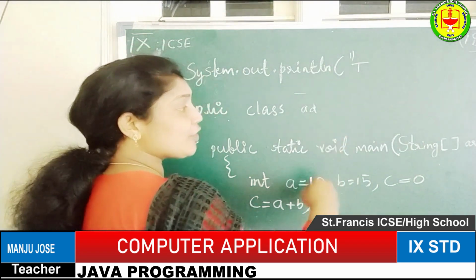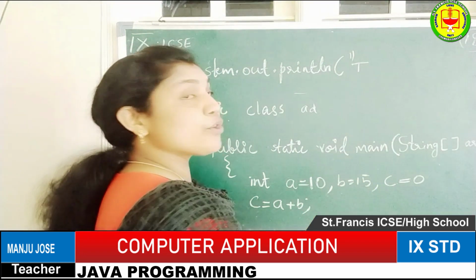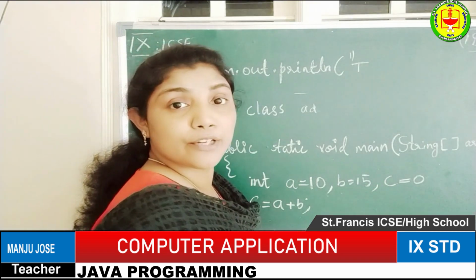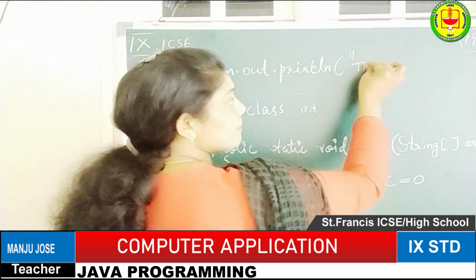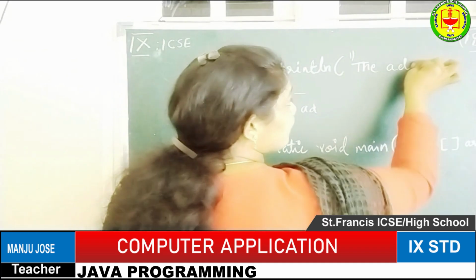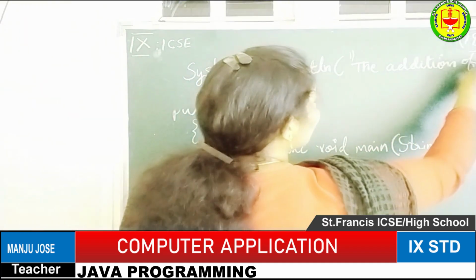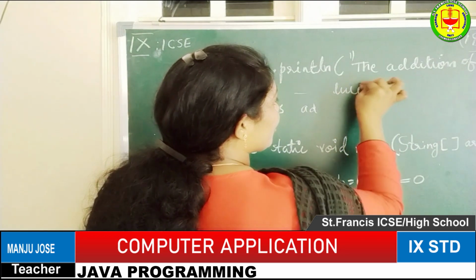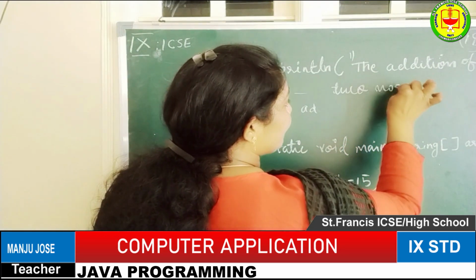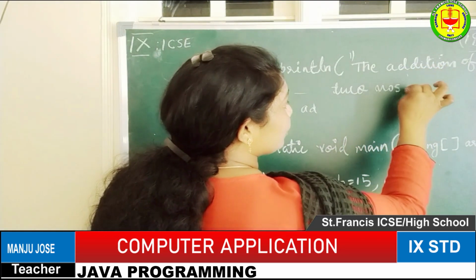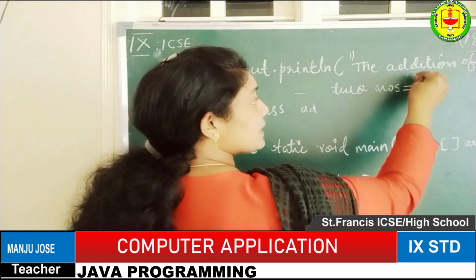I want to give the output: addition of two numbers. That message I want to send to the user. So I just write the addition of two numbers, then equal to, just close.